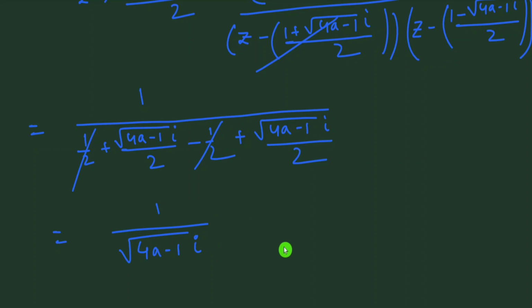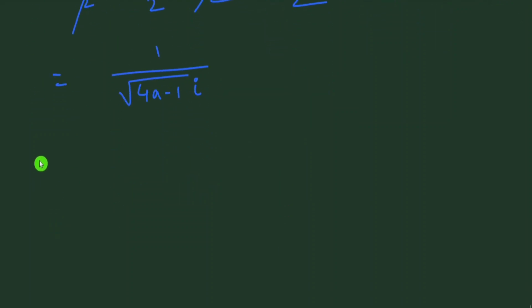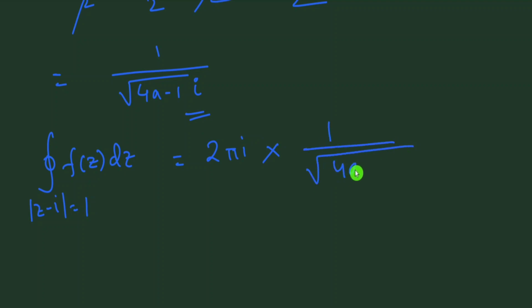So this is the residue. Now the above integration of f(z) dz over mod of z minus iota equal to 1 equals 2 pi i into sum of the residue, and here only one singularity, so this is 2 pi i by root under 4a minus 1 into iota. Iota cancels, so 2 pi by root under 4a minus 1.